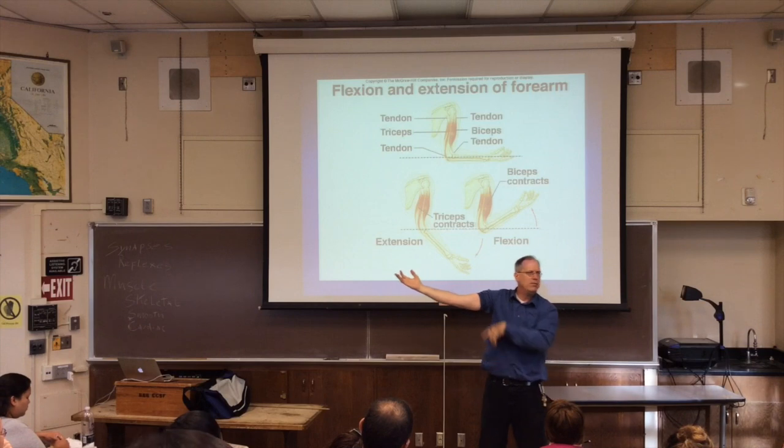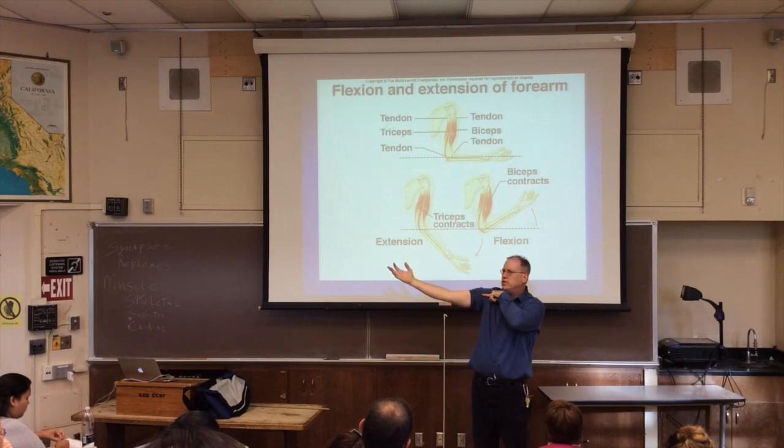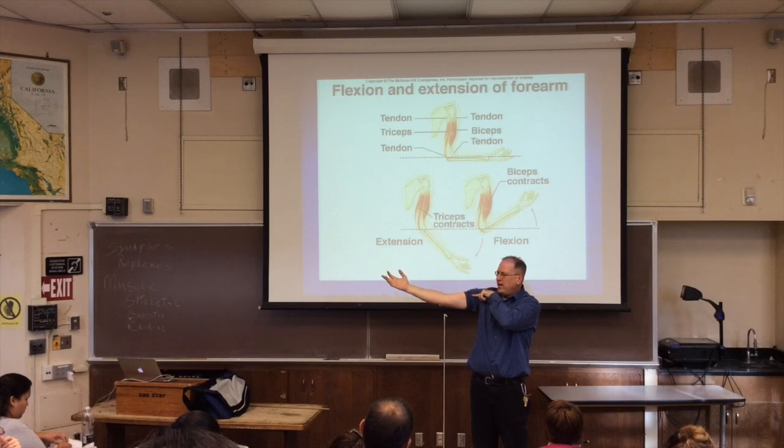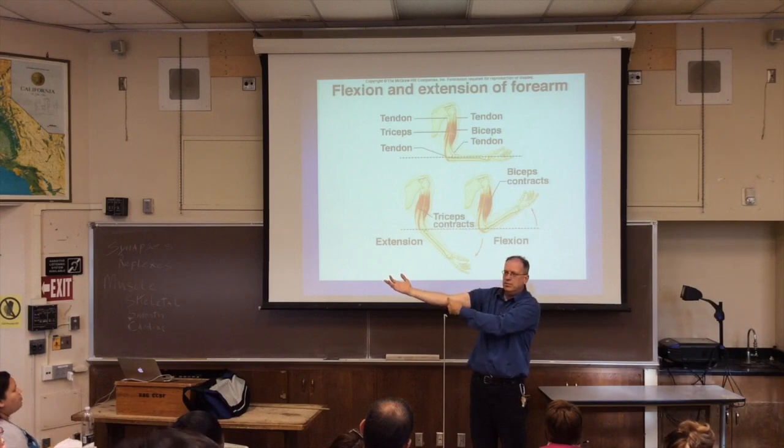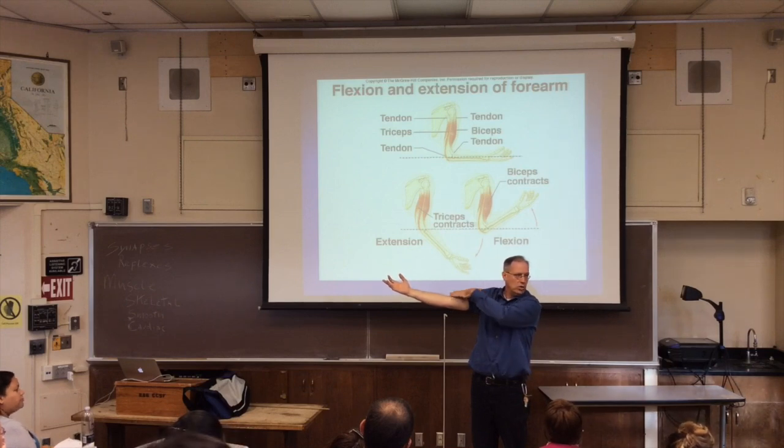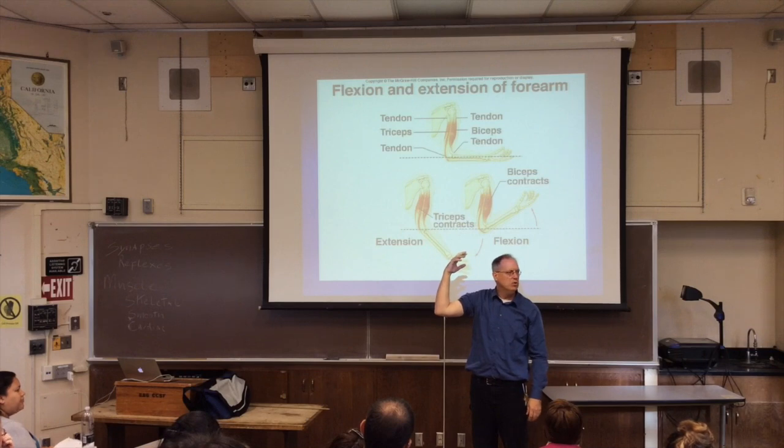And that muscle's job is to have a whole bunch of fibers or a whole bunch of cells that are running in one direction here. When they actually get a signal, each one of those cells gets a little bit shorter. But the end of that muscle is connected up to my forearm and connected up here on my shoulder, so that when it actually contracts, it actually moves those two bones in reference to each other.